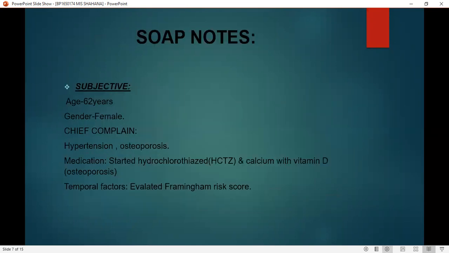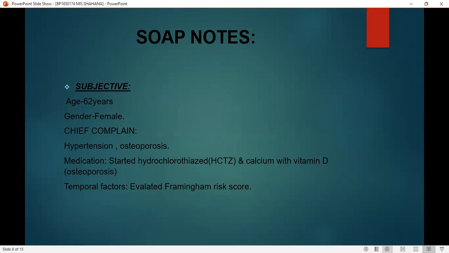So, SOAP notes: subjective, objective, assessment, and plan. Subjective: age 62 years old, gender female. She comes with a chief complaint of hypertension and osteoporosis. Medication: she started with hydrochlorothiazide for hypertension and calcium with vitamin D for osteoporosis.